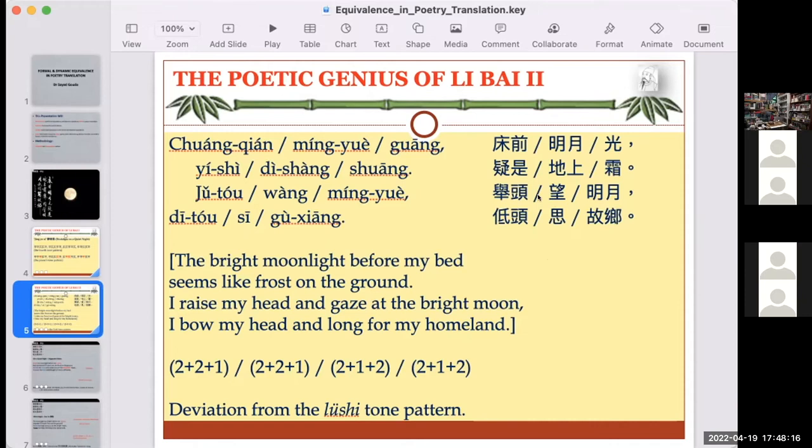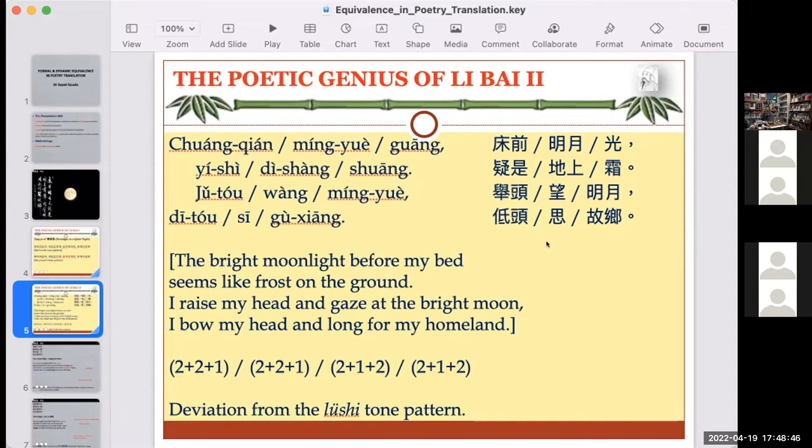So prosody is the study of meter. In the study of meter, when the foot is dissyllabic, meaning it has 2 syllables, that means this is the natural rhythm.